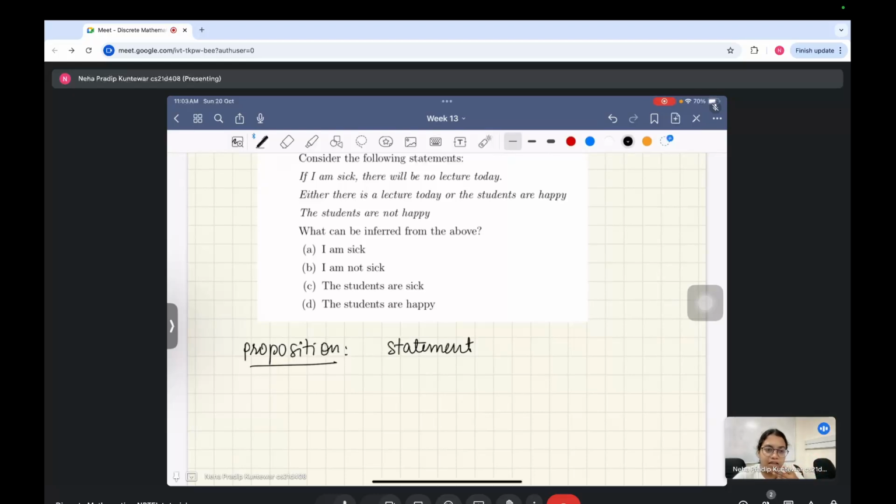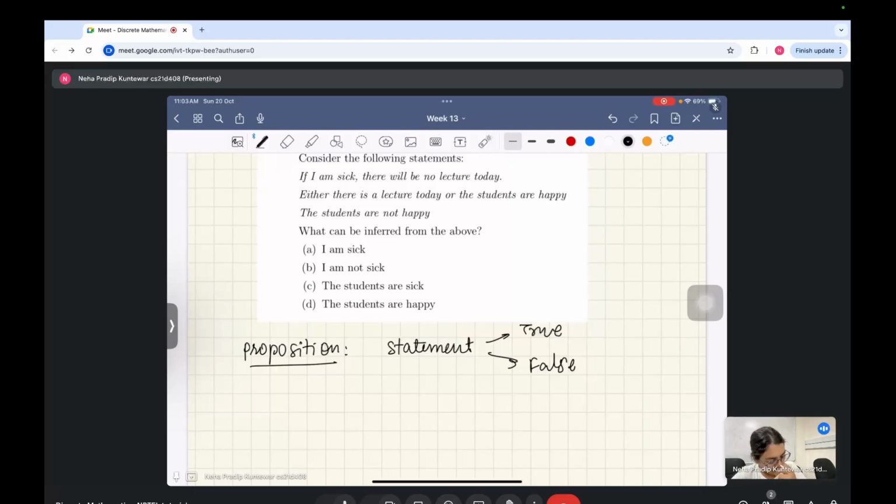The statement is either a true statement or it is a false statement. So it can either take a value of true or it can take a value false, but it cannot be something in the middle. At any point of time it has to take one of the two values. It can't be anything in between.